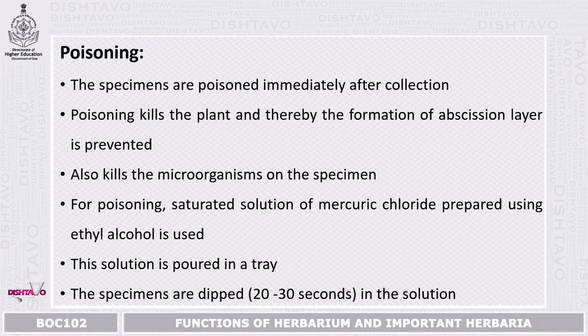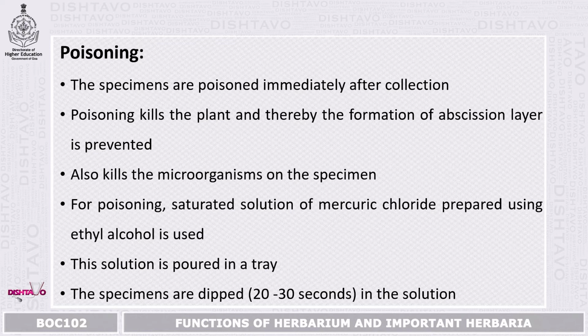After collection, the next step in herbarium preparation is poisoning. The specimens are poisoned immediately after collection. Poisoning kills the plant and thereby the formation of abscission layer is prevented. It also kills the microorganisms present on the specimen.